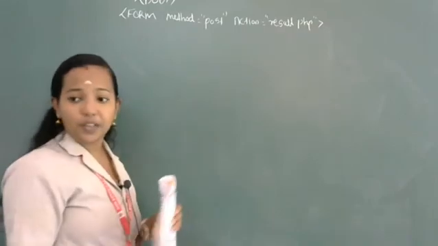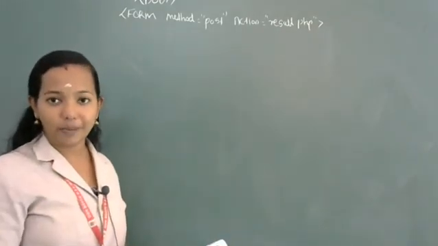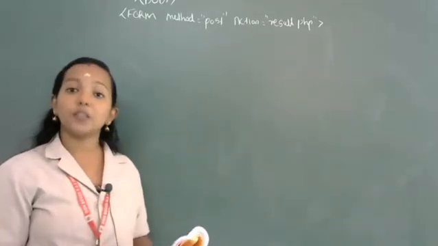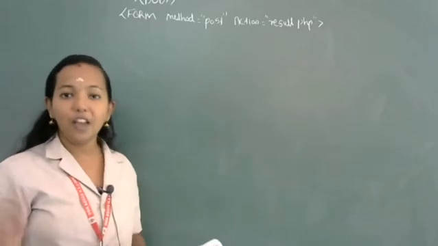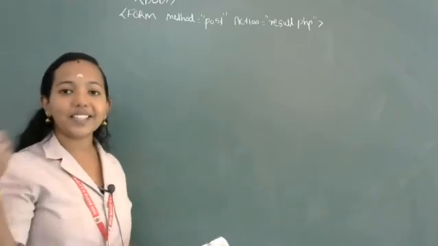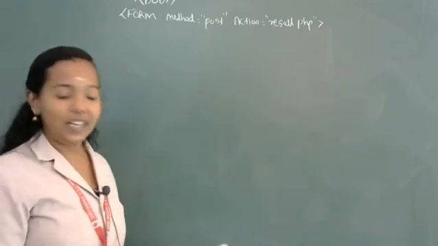Hope you understood the first statement. Here we are creating a form, the form name is not mentioned. The method I am using is post method and action is equal to result.php. When we click on the submit button, the data is transferred to result.php. That program we will write later.